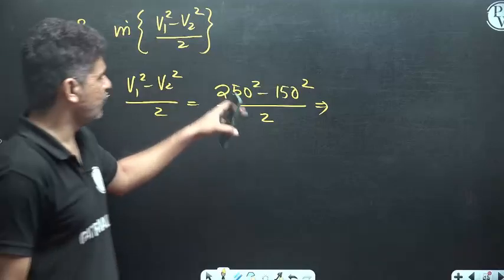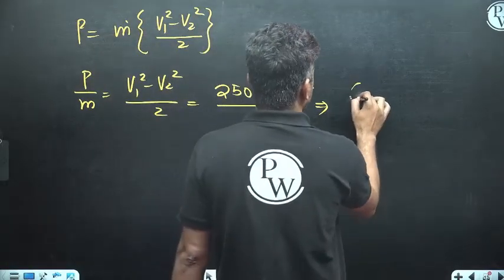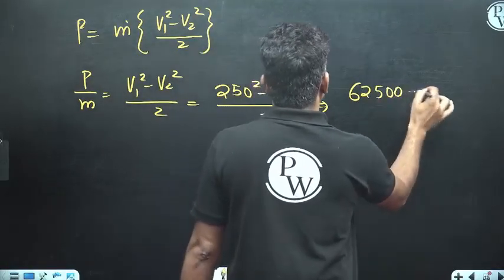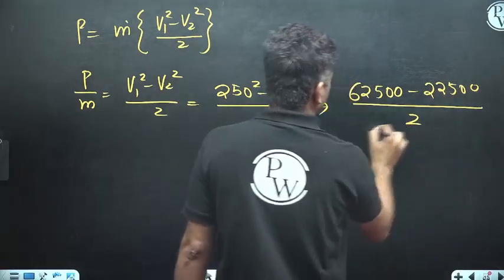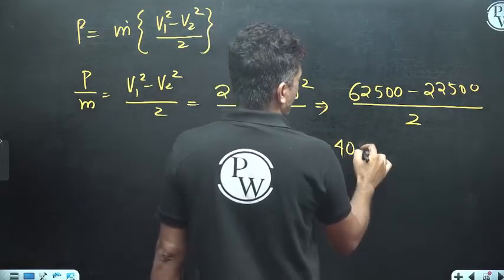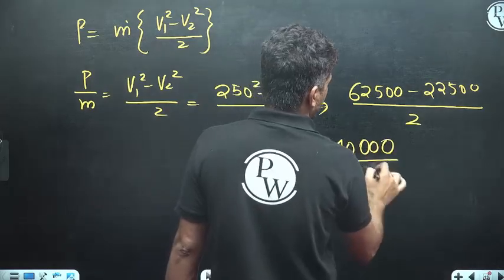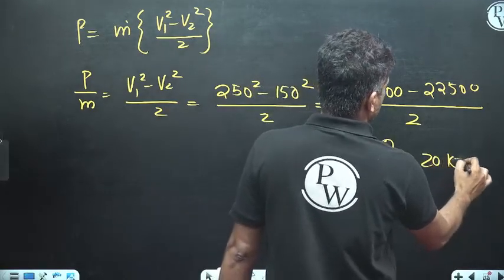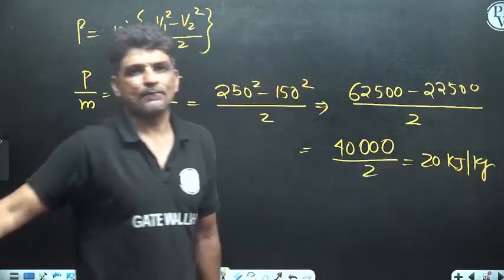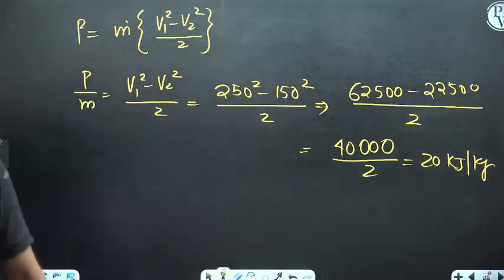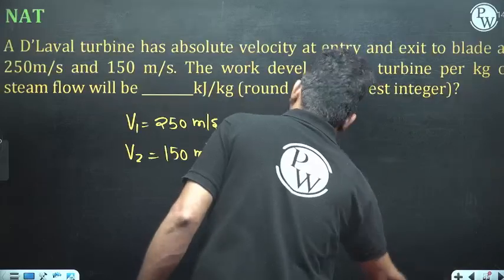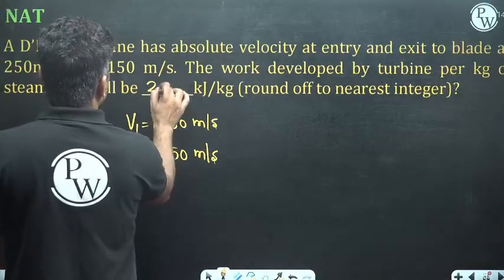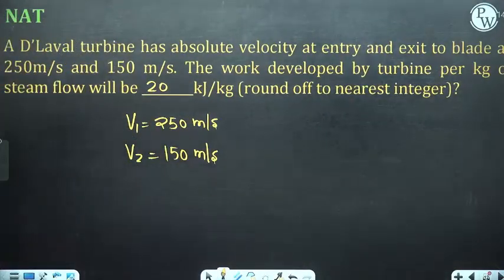Okay, so 250 square is 62,500, minus 150 square is 22,500, which is 40,000, divided by 2. That is 20 kilojoule per kg. So the work developed by the de Laval turbine will be 20 kilojoule per kg. Is it clear to everyone?